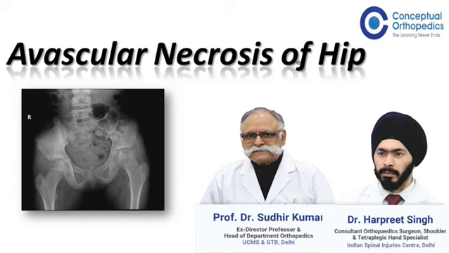So I have amply emphasized this point, and that is why Ficat classification is important, because it is giving you prognosis as well as broad guidelines for treatment, and what is expected out of a femoral head. However, no procedure, I said, is an end procedure in avascular necrosis.